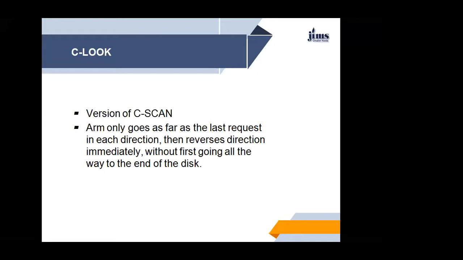So you can say that LOOK and C-LOOK are versions of scan and C-SCAN. The arm only goes as far as the last request in each direction. They reverse direction immediately without first going all the way to the end of the disk.